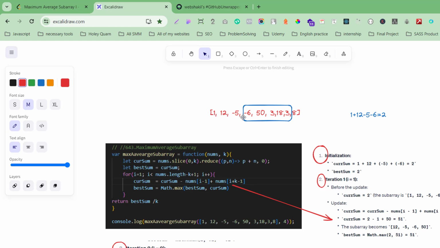I mean nums length equal to 9, minus k, k means 4, plus 1. So what would be the result? It will be 5. The loop will iterate up to 5 times.